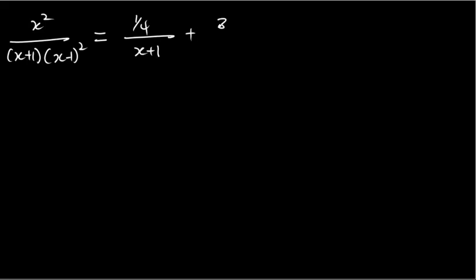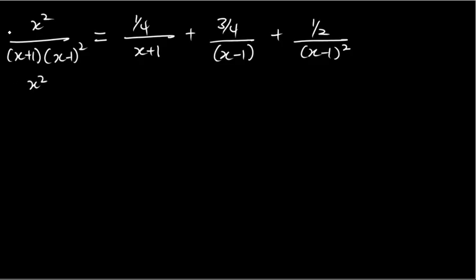Then our b, which is 3 on 4, x minus 1, plus our c, which is 1 on 2, x minus 1 all squared. Are we okay? So first we can bring this part as x squared. We can integrate both sides because the question wants us to what? Integrate.